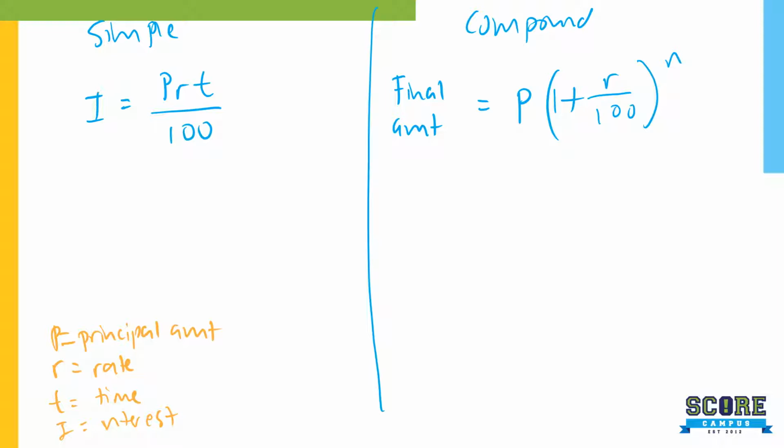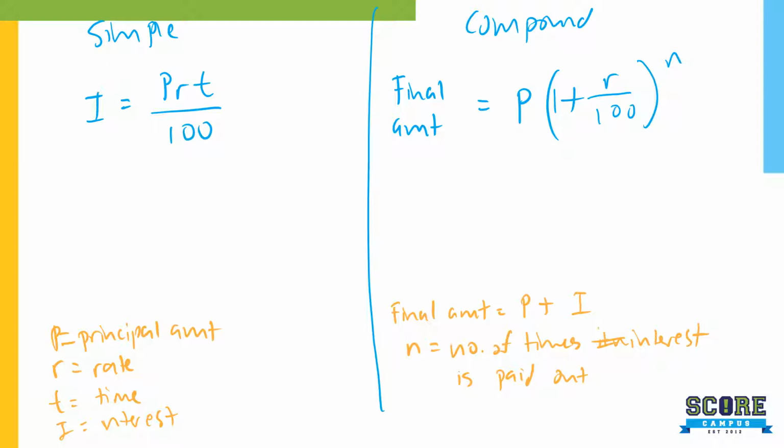The final amount equals principal plus interest. That's a huge difference there. R is the same, the rate, and N equals the number of times interest is paid out. So these are the two formulas.